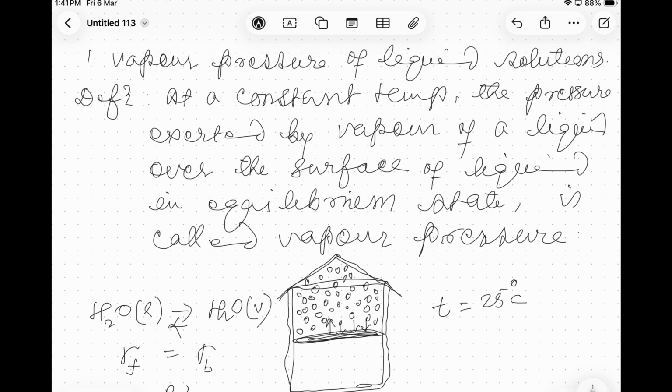This is the equilibrium state. In the equilibrium state, the pressure that the vapor over the surface of liquid exerts is called vapor pressure. Therefore, at constant temperature and in equilibrium state, the pressure exerted by the vapor over the surface of liquid is called vapor pressure.